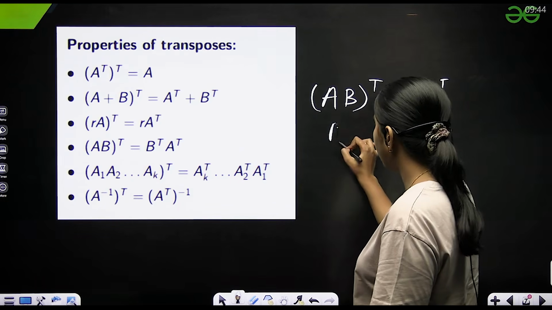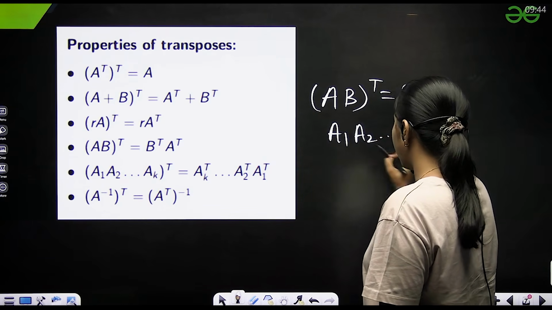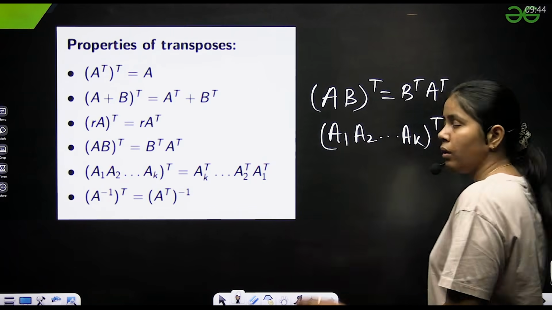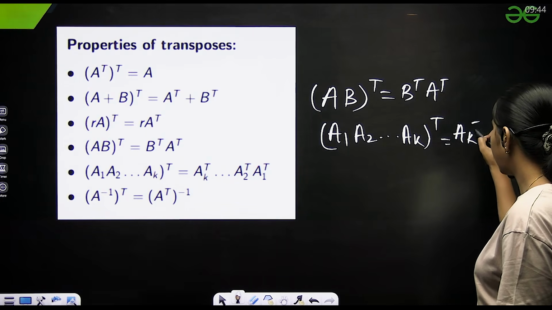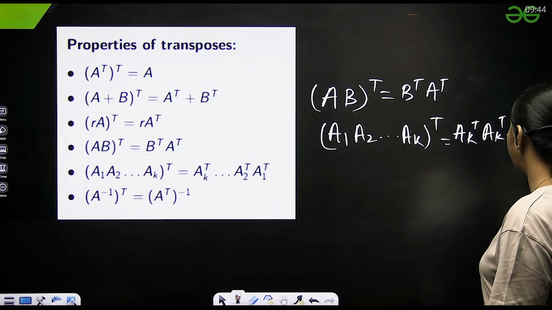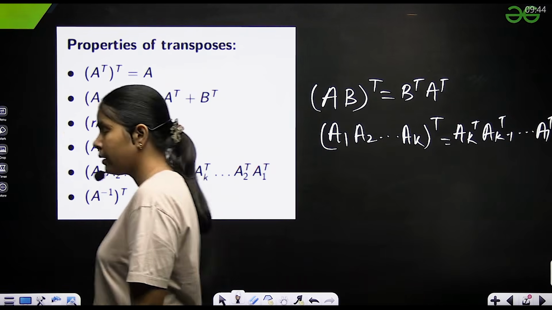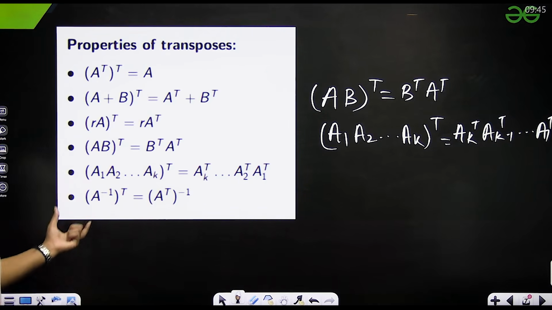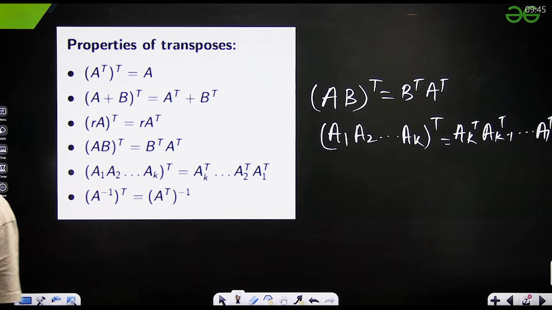Similarly, if you have k number of matrices, A1, A2, up to AK, any number of matrices, and you take the transpose, they open in a reverse manner: AK transpose, AK minus 1 transpose, and it moves up to A1 transpose, right? And inverse we'll discuss later, but right now just remember the property: taking the inverse of a transpose or the transpose of an inverse, that would be the same.